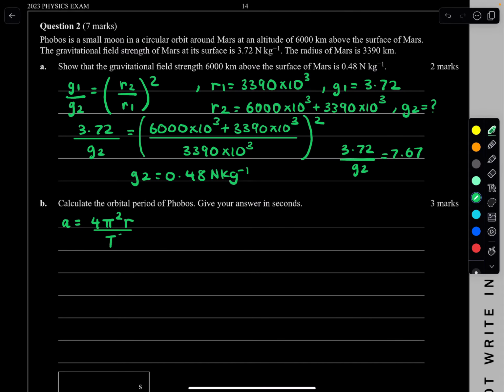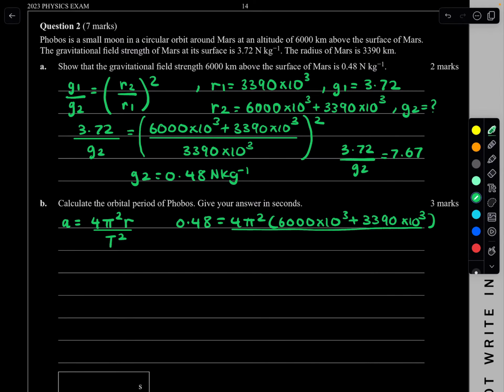So I know a at that point is 0.48, and that's equal to 4 pi squared times the radius, which is what we calculated, 6,000 times 10 to the power of 3 plus 3390 times 10 to the power of 3, over t squared, where t is the square root of what? So let me just calculate down.